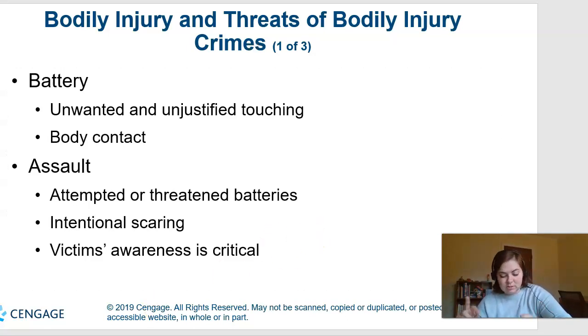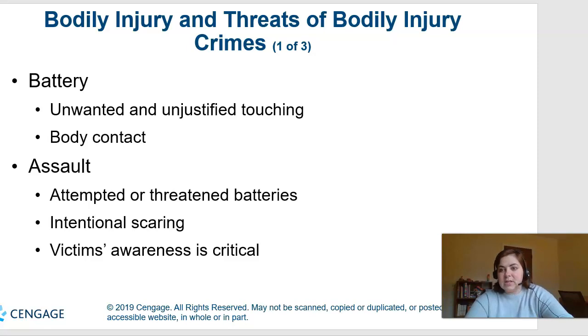Common assaults are misdemeanor assaults, but any assault that has the intent to commit a violent felony, like a homicide, a rape, or a robbery, would be a felony. An assault with a deadly weapon is a felony. An assault on certain classes of individuals, like police officers, is also a felony.